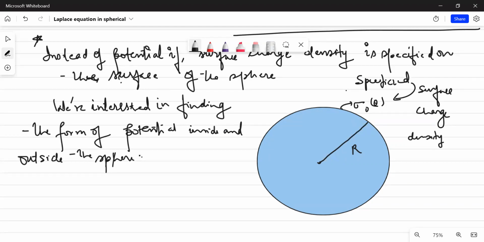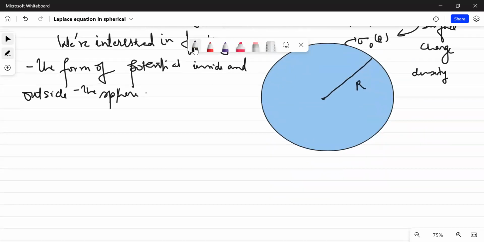Although we can find it by the direct integral method also, taking V equal to the integral of k dq upon small r, and instead of dq, I can write sigma dS. But we already know the solution form, so why not exploit that? Obviously one can take this route also, and all those things can be done, but this is one approach.